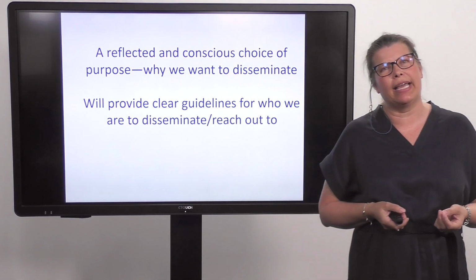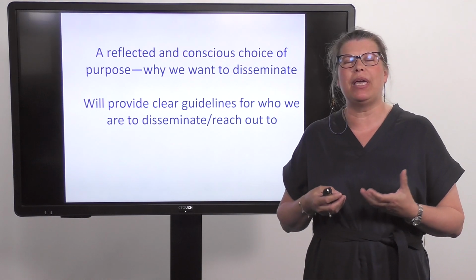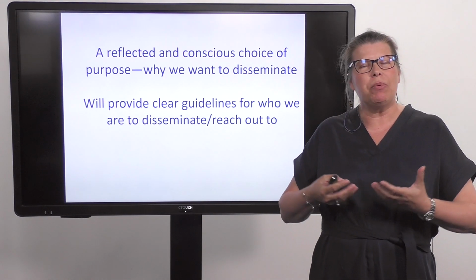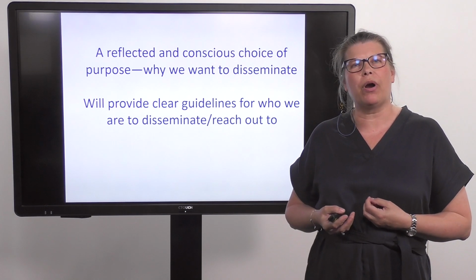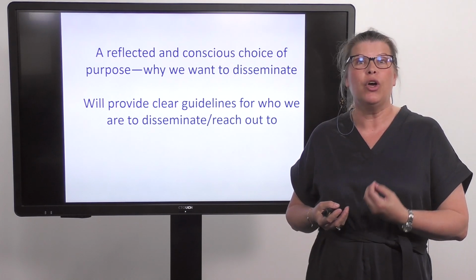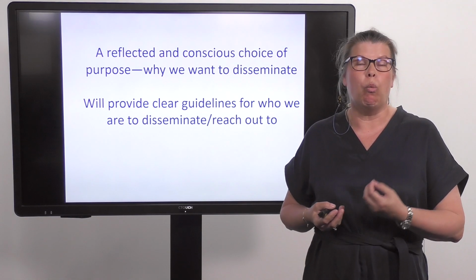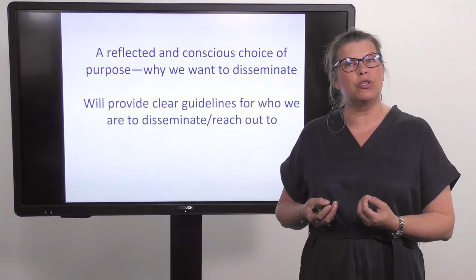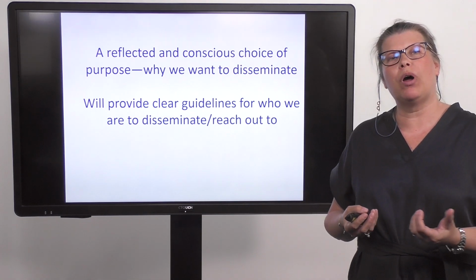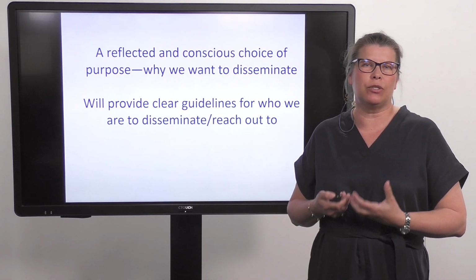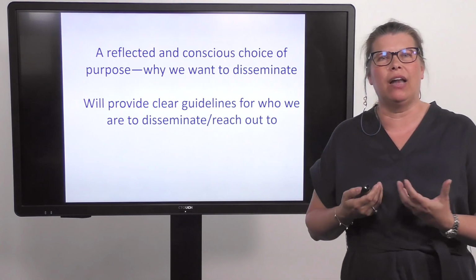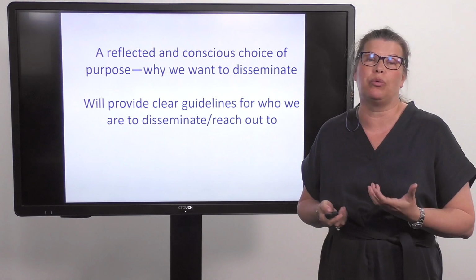Sometimes we have to think and reflect and maybe be conscious because maybe we cannot communicate on all these platforms. Sometimes it's important as the researcher to find your own voice. Why do you want to disseminate? And also, who is it that you want to disseminate to? And try to work out some guidelines for yourself on how you want to do that.